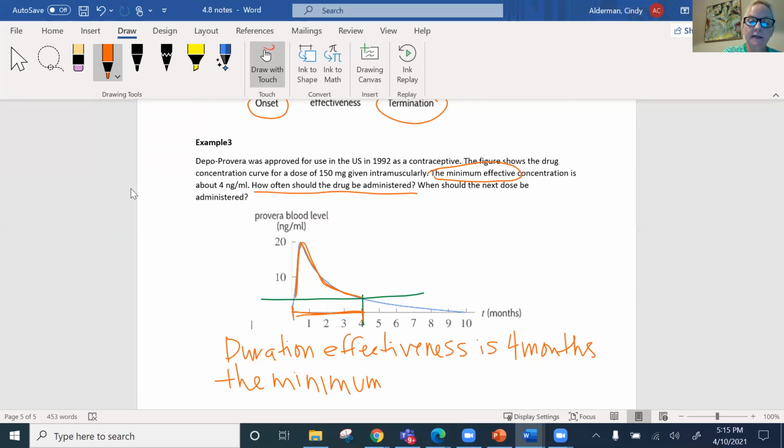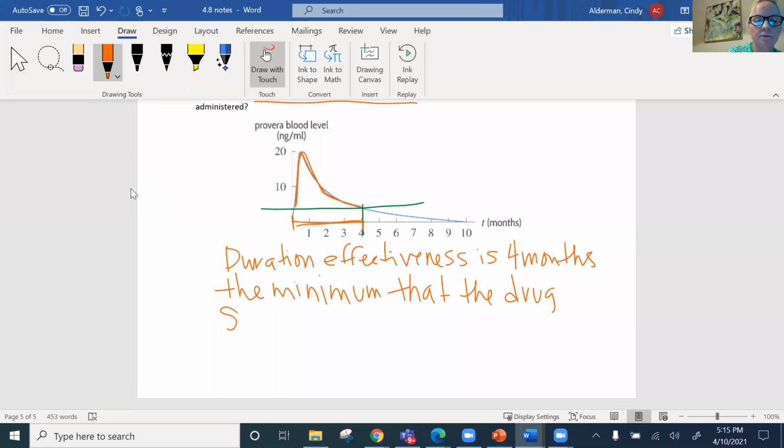Oh, how often? Sorry, the minimum that the drug should be administered is every 4 months.